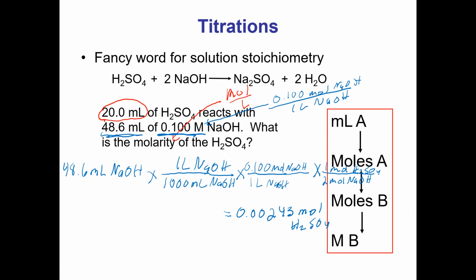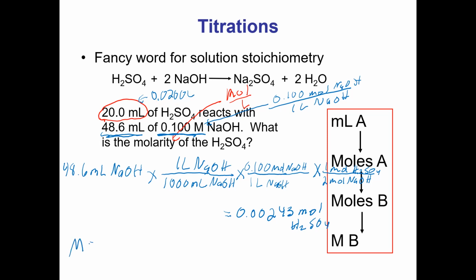So now I have moles and I already have milliliters, because I can convert the 20 milliliters to liters. So 20 milliliters divided by 1,000 liters gives me 0.0200 liters.